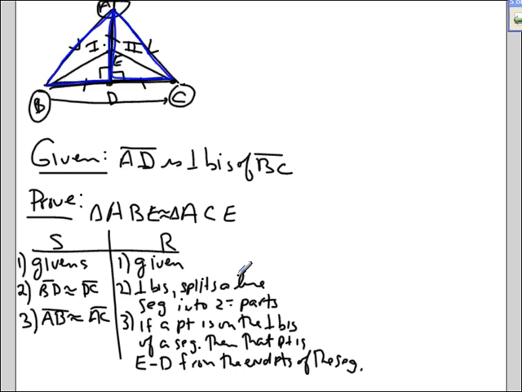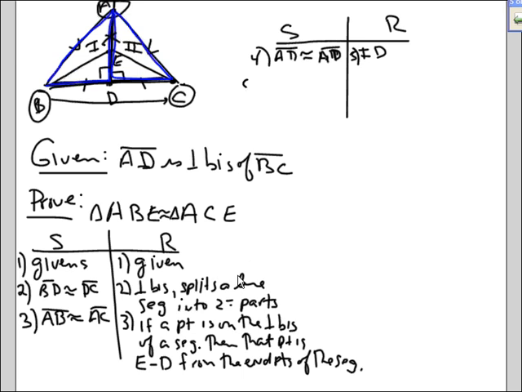Okay, and you can now say that AD equals AD if you want. Statement, reasons. AD is congruent to itself. Well, of course that's true. It's identity. That's the reason. It's the same. Identity property.